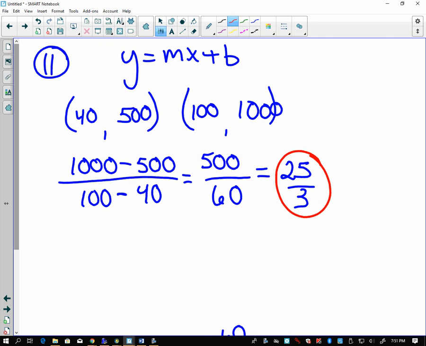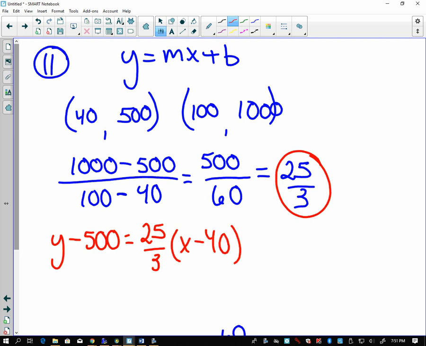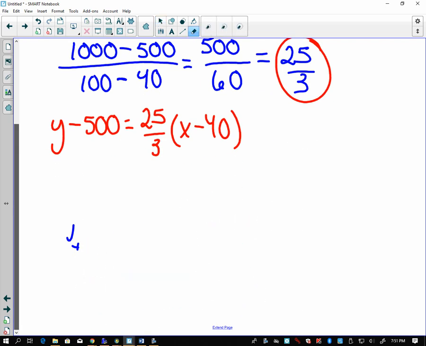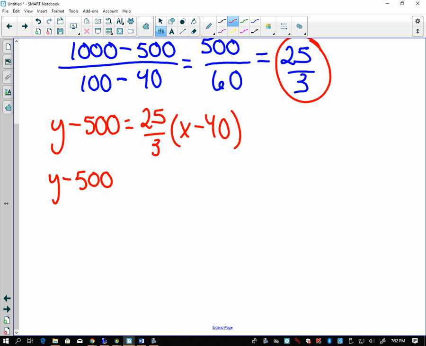Let's go ahead and use 40 and 500 again. Let's use y minus 500 equals 25 thirds times x minus 40. Apologize for the screw up here, but better to see where your mistake might be. So y minus 500 equals 25 thirds x, and we've got 25 times negative 40, which is negative 1,000 divided by 3.